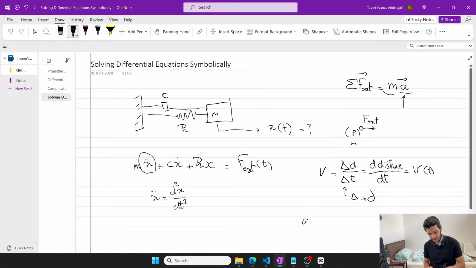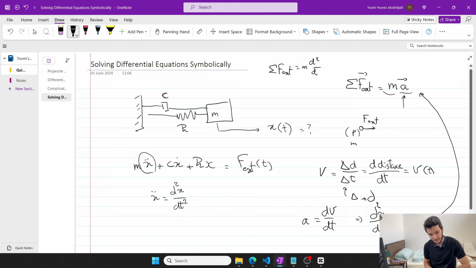Similarly, the acceleration is the derivative of the speed across dt, which means that the derivative of the distance, in this case let me call it x, across dt squared, so the second derivative, is equal to the acceleration. Which means that, if you replace this right here, we get that the sum of the external forces is equal to m times the second derivative of x across dt squared.